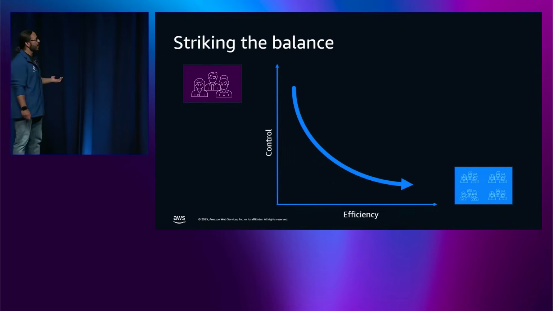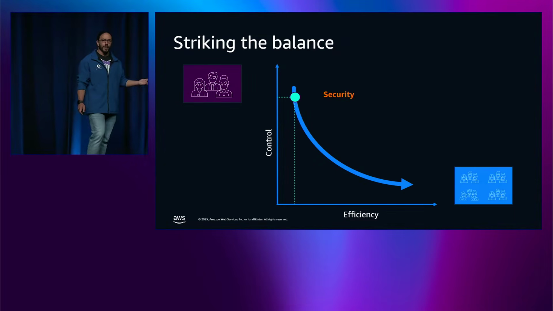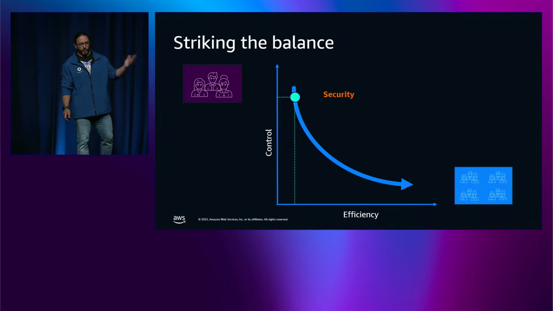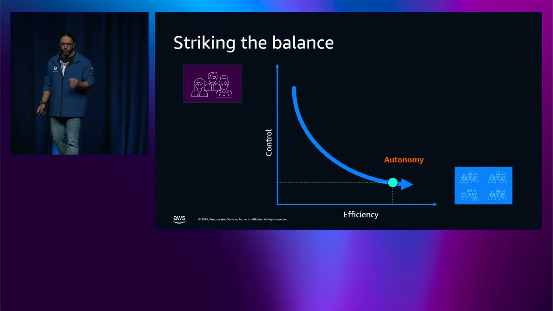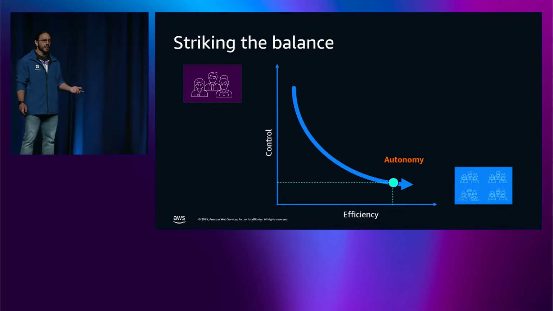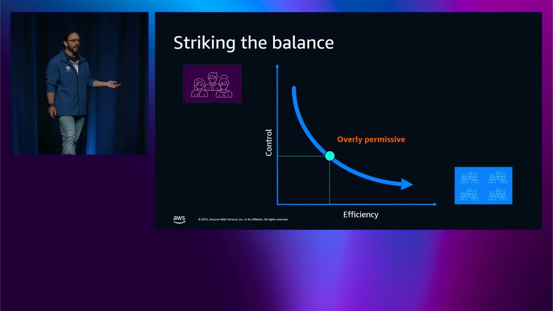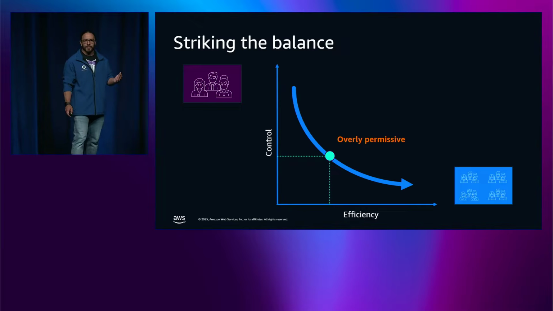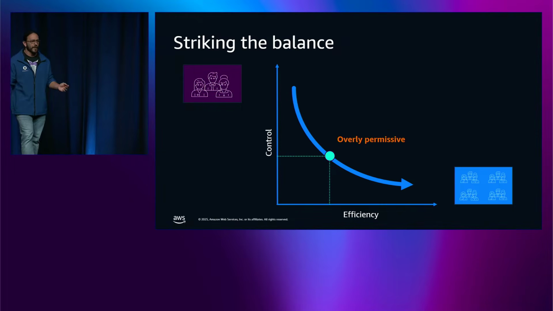So how do we strike this balance to have the control and security that's required for highly regulated environments, and have team autonomy so the development teams can be efficient? Usually, like I said, we fall back into an overly permissive environment because there's no visibility across networking and communications, and we don't want to block the development.